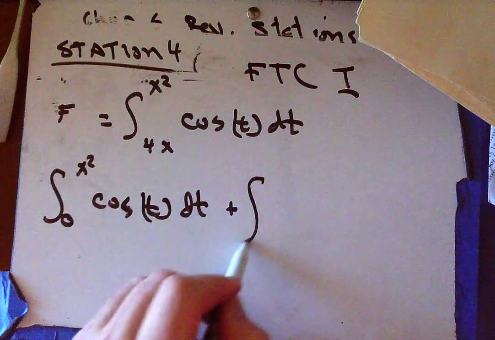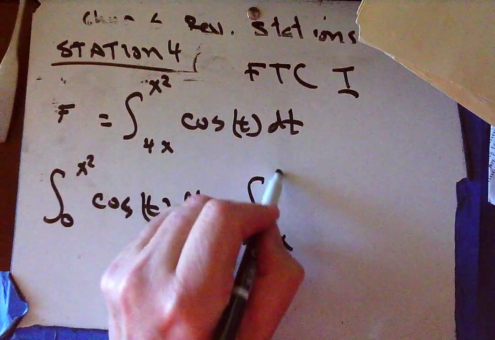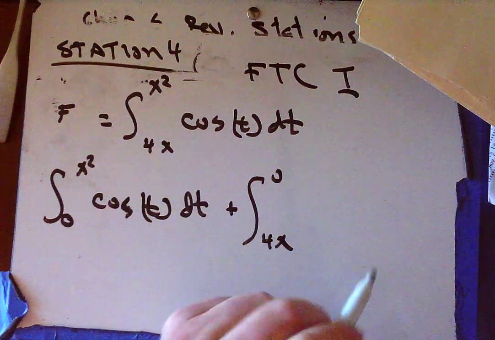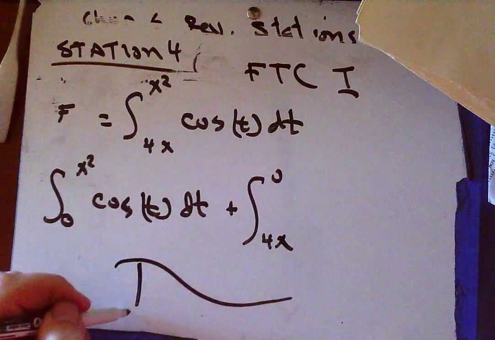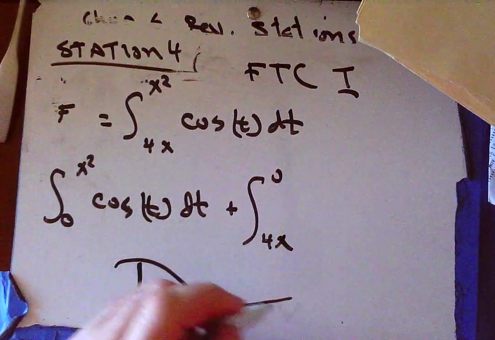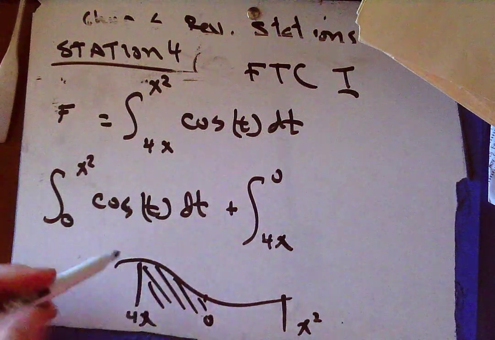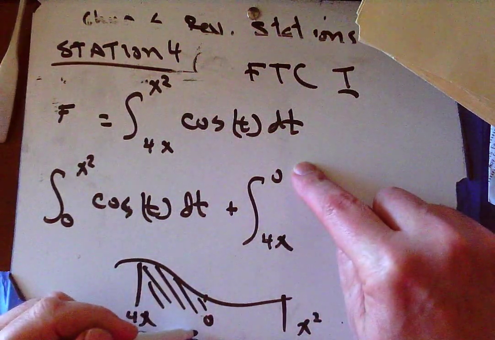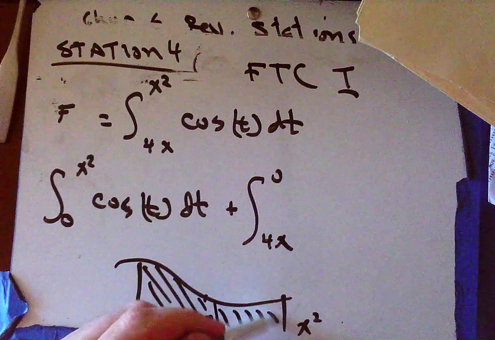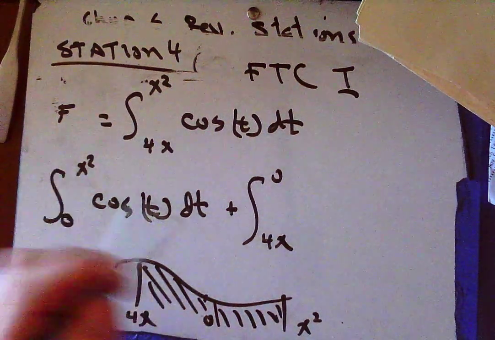And we're going to add to that 4x to 0. So think of this as here's 4x, here's 0, and here's x squared. And so we're doing this one from 4x to 0 plus this one from 0 to x squared.